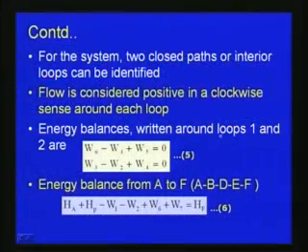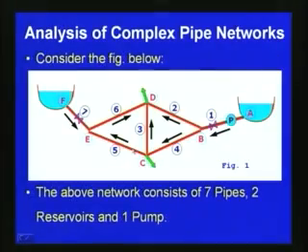Now we can write the energy balance around loops 1 and 2. In this figure, the flow in this direction is clockwise and in the opposite direction is anti-clockwise.